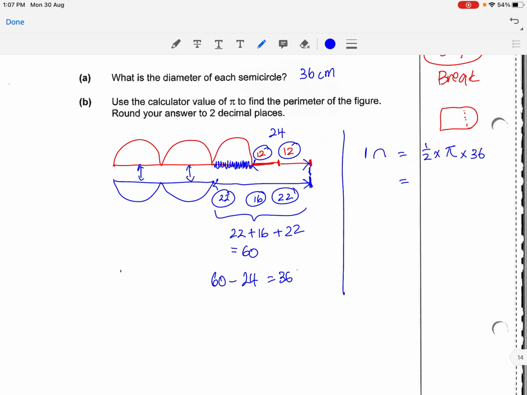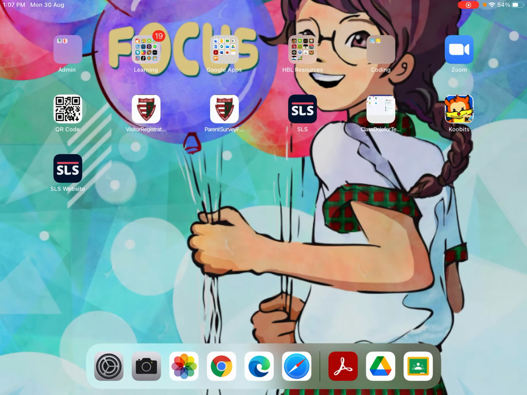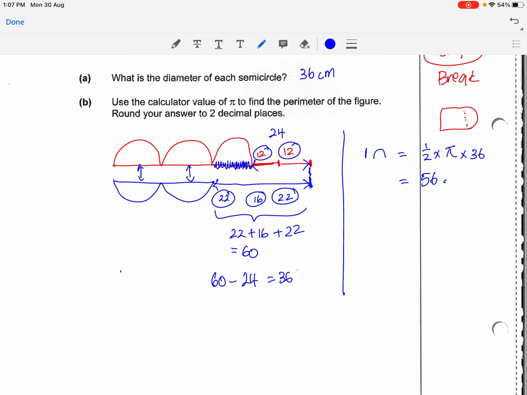Let me use my calculator. Half times pi times 36. A lot of you got this, and you already started to round it.